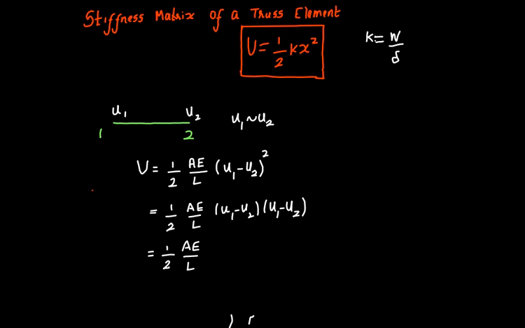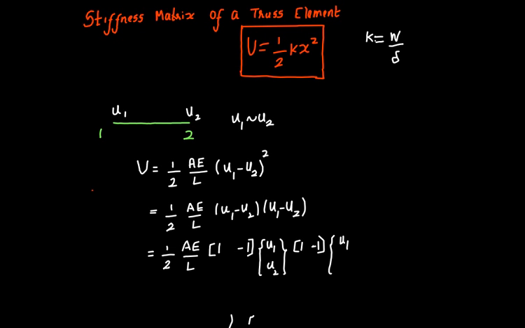How do you write this value u1 minus u2? You can write this as [1 -1] times [u1 u2]. And you can also write exactly the same for the second term, [1 -1] times [u1 u2].